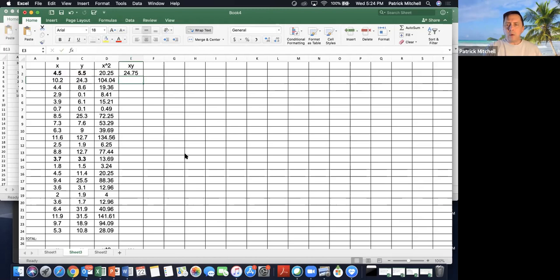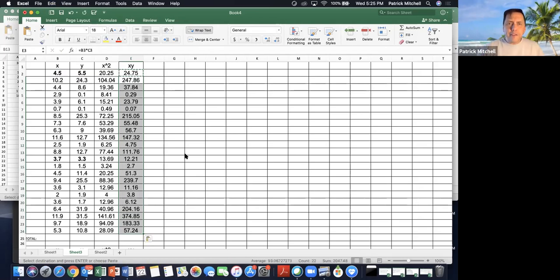So that's what it's going to do in that cell. And then again, when I copy and paste, it's going to use the appropriate cells for every single one of these. So I just love Excel for doing this kind of stuff.